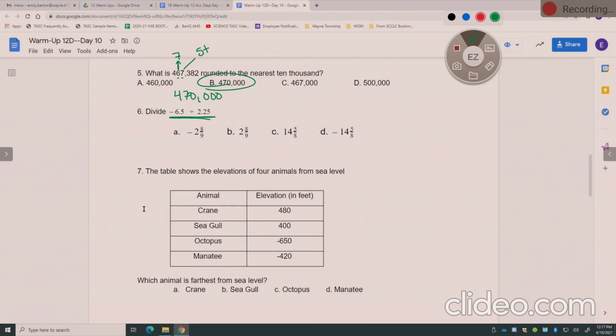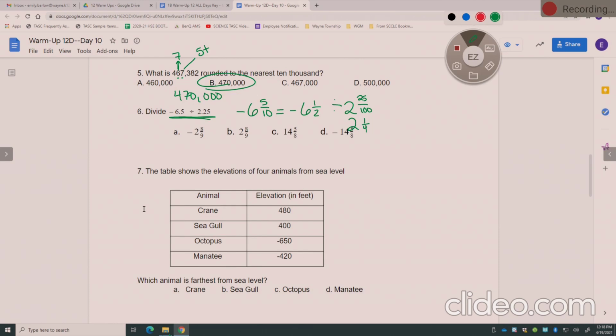So negative 6.5 is the same as negative 6 and 5/10, which we can reduce to negative 6 and a half. Divided by 2.25 would be 2 and 25/100, which we can also say is 2 and 1/4.